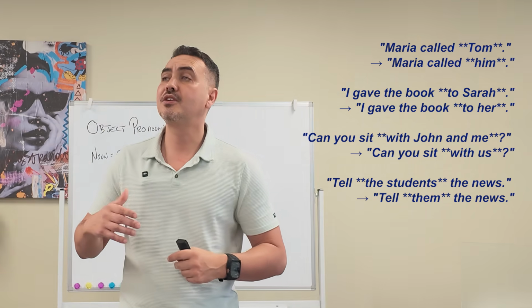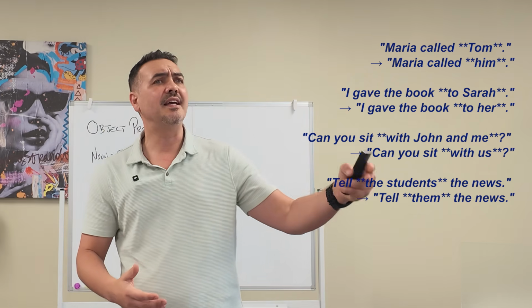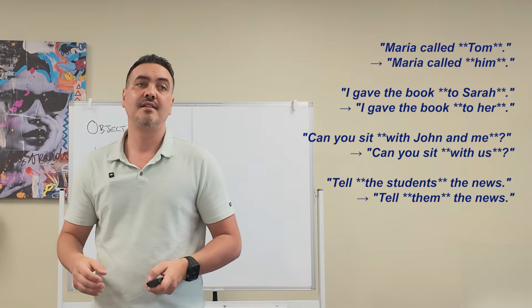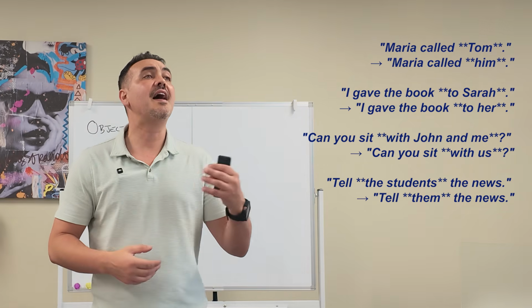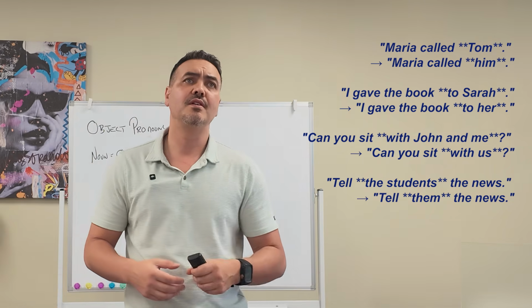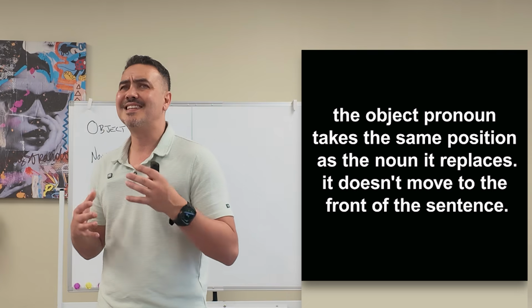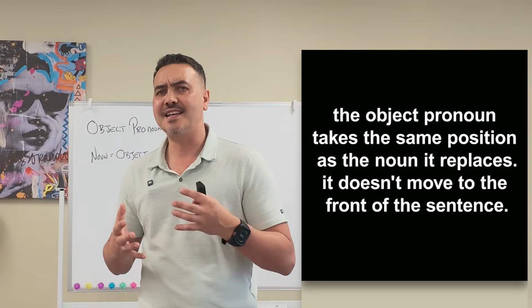I gave the book to her. Can you sit with John and me? Can you sit with us? Tell the students the news. Tell them the news. Notice that the object pronoun takes the same position as the noun it replaces. It doesn't move to the front of the sentence, okay?